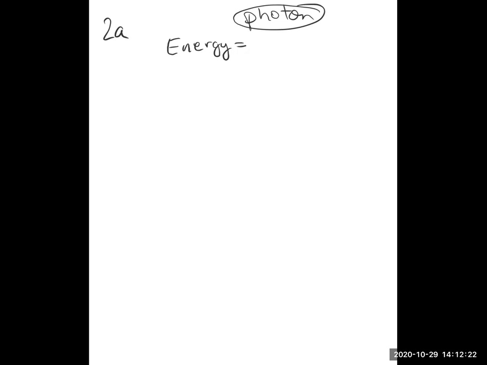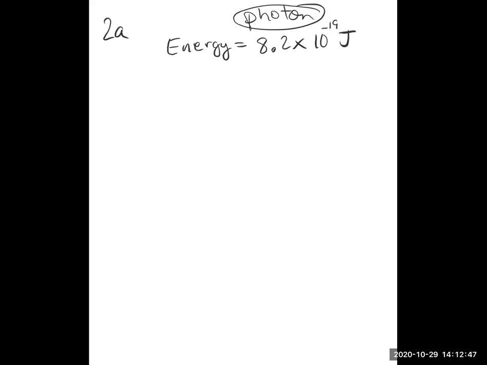And like a lot of things in chemistry, it was just a way to describe what phenomenon the scientists were observing. So energy in this instance, for this particular wavelength and frequency, was 8.2 times 10 to the minus 19 joules. And that's, by the way, per photon.